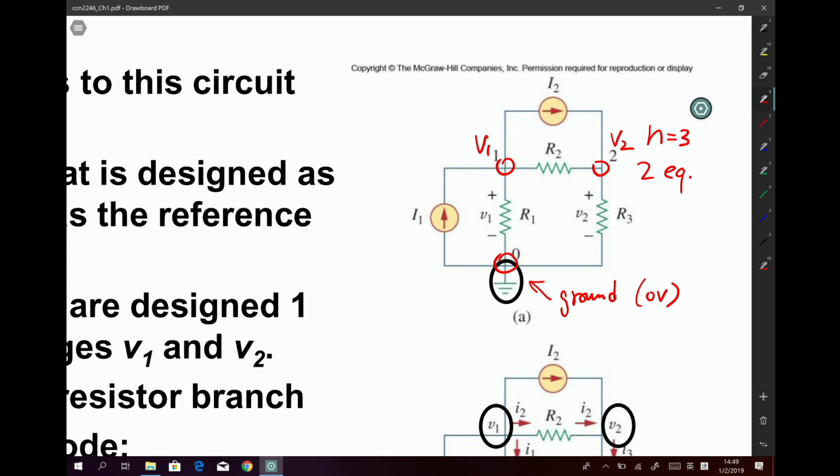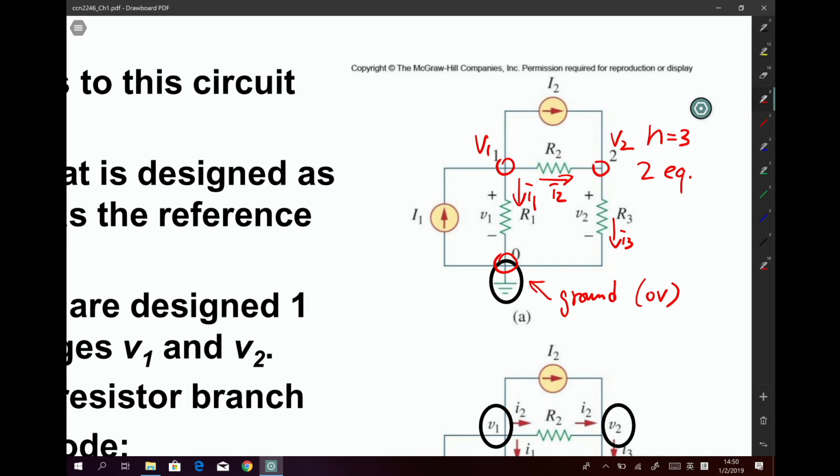Okay? And now, for every resistance in your circuit, you will assign a current. So, you will say this is I1, this is I2, this is I3. You will assign a current for each resistance. And immediately you may ask me, oh, how can we assign the current direction?